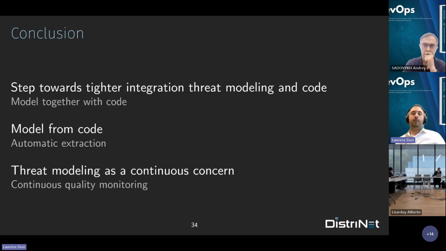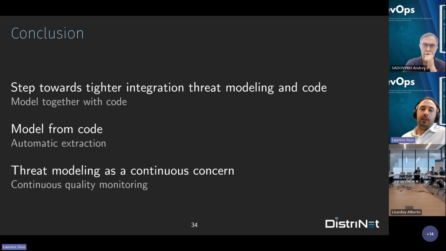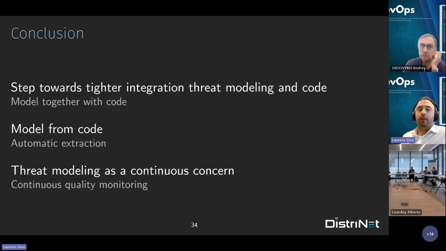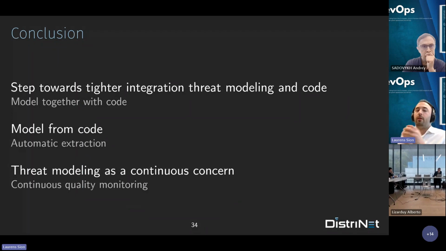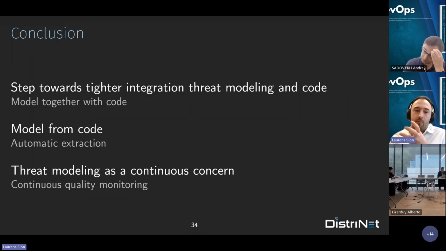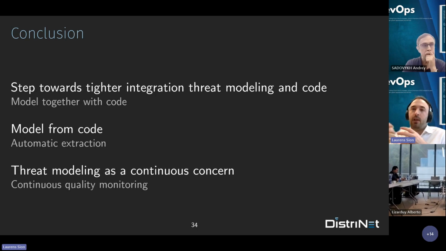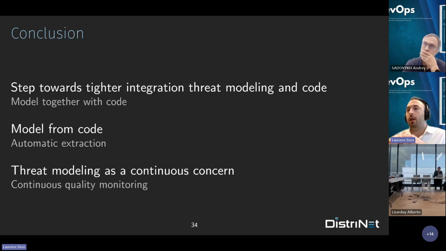So with that, this CTAM tool provides a first step towards a tighter integration of threat modeling and code. We make it an active concern to keep this model versioned together with the code. There are several opportunities to get that model from the code with automatic extraction, with annotations that can further reduce the effort in maintaining this model over time and ensuring that it correctly corresponds with the application.